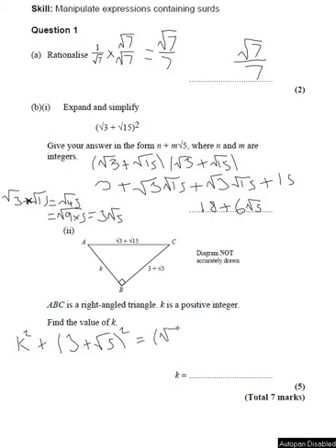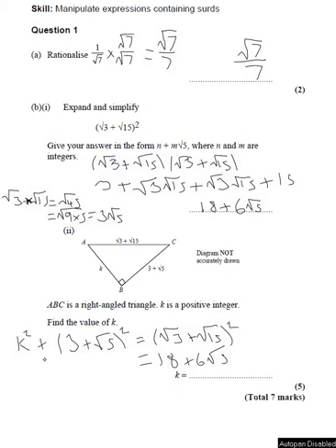So that is root 3 plus root 15 squared. I also know that answer already because of part 1, and that is 18 plus 6 root 5.